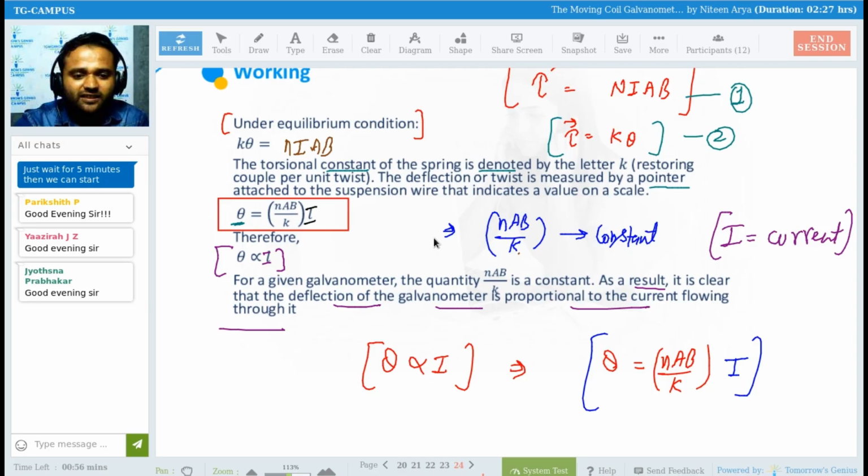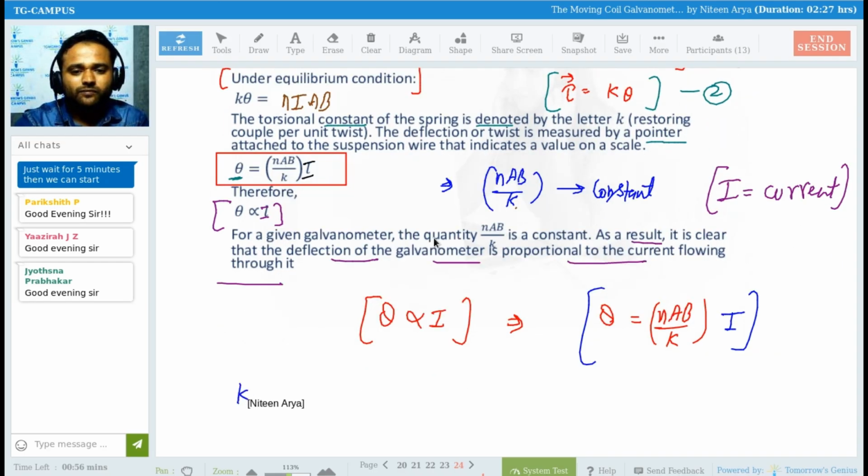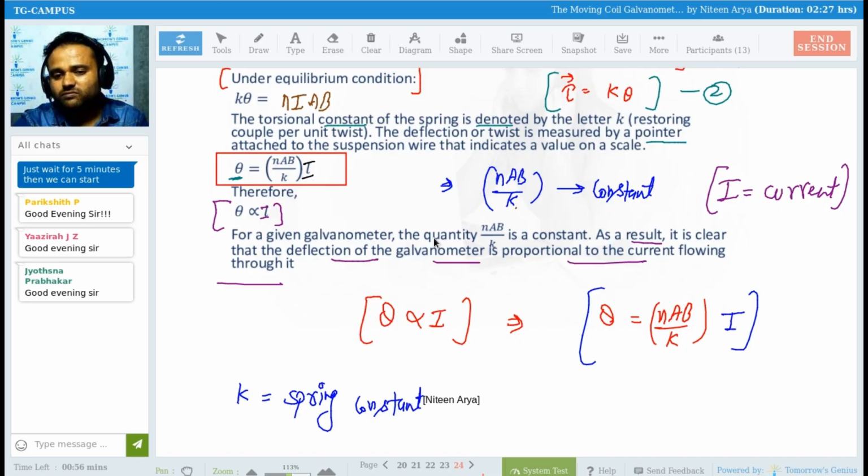Clear everyone? Or should I write these things also? I just write this spring constant. Everything you know. Area of a coil.